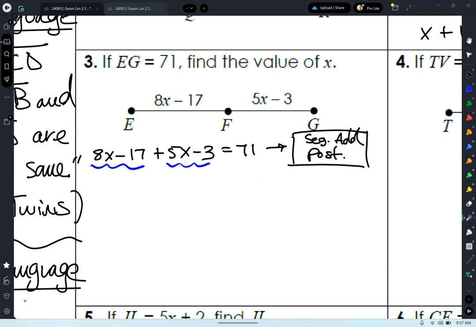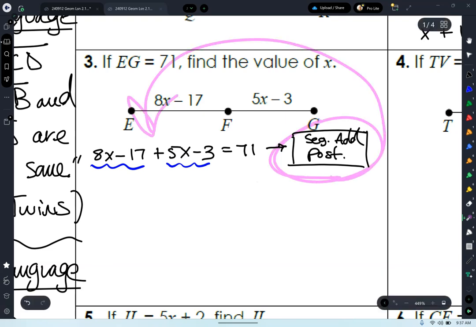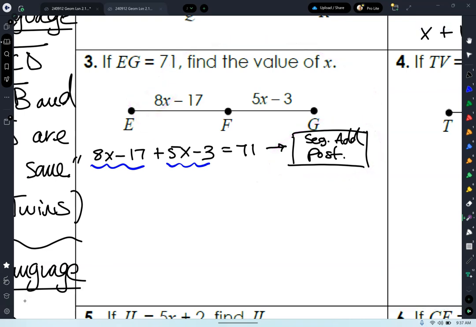If you name the right tool and set your problem up wrong, or name the wrong tool and set your problem up right, well, that's not 100% correct, is it? So you need to make sure to name the tool you're using and set your problem up correctly. And then this is the easy part, right? This is the part that's simple. All right, finish it up and find your answer. Go ahead.